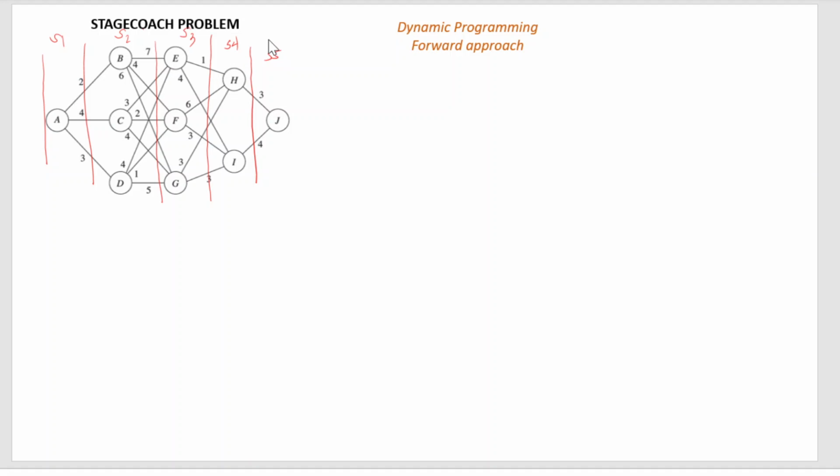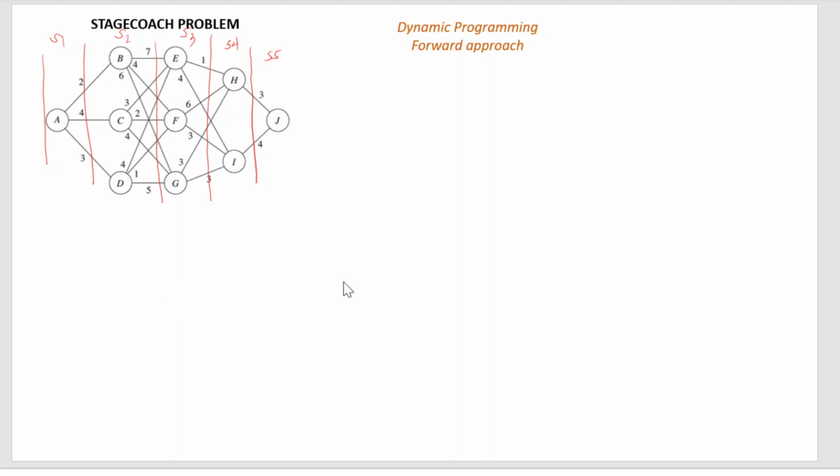So we are trying to simplify and solve by small bits, moving from one stage to another rather than solving it as a whole. That's the concept of dynamic programming.